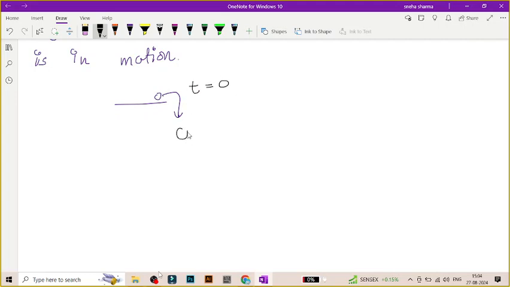Then at time t equals 1 minute, the ball is somewhere in the middle, and at time t equals 2 minutes, the ball is at the ground. So this ball is said to be in motion, or this ball is moving. So any object, if it is changing its position with respect to time, is called in motion.